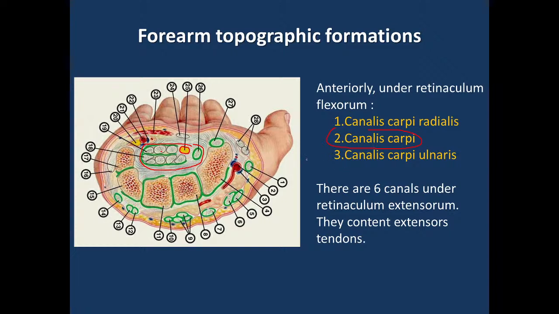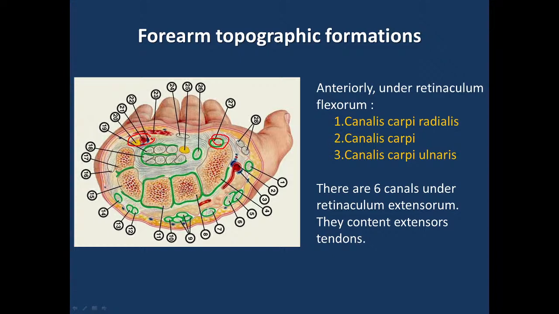But there are also two small channels in the carpal region. The first one is canalis carpi radialis, and it contains only a tendon, but you see also the canalis carpi ulnaris. It contains arteries, veins, and ulnar nerves.